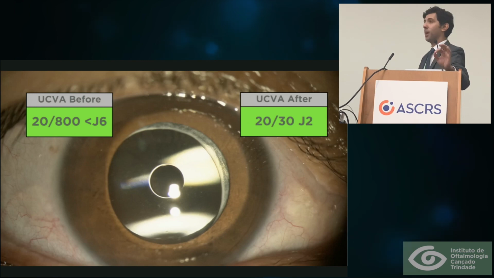Surprisingly, she said that the greatest benefit that she could note after surgery was at night, because that's when she had terrible glare, terrible stray light, and she was really bothered with all the small light sources that became really large because of this aberration. And she did not report any dark vision. So we went forward and did the same thing in the fellow eye, which had a lower severity of keratoconus, but still very significant.